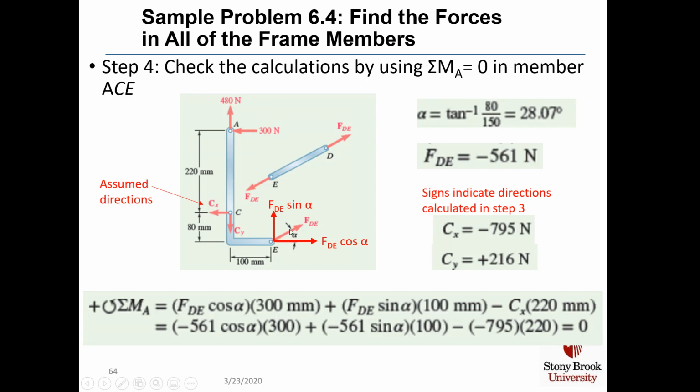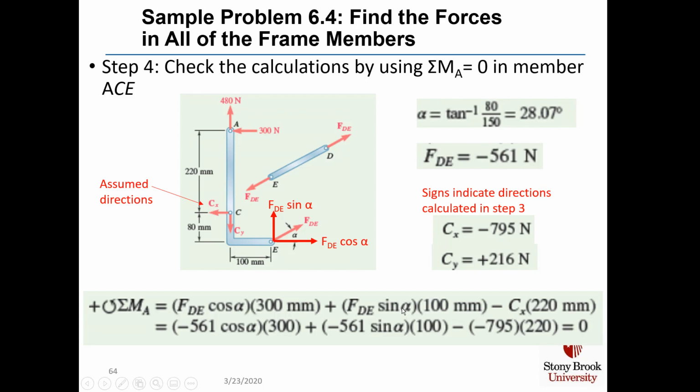F sub DE in its assumed direction is pointing up and to the right. F sub DE cosine alpha is pointing to the right. It wants to rotate counterclockwise around point A at a distance of 220 plus 80, which is 300 millimeters. When we plug in minus 561 newtons times cosine alpha, we're going to effectively have a clockwise direction for the moment.